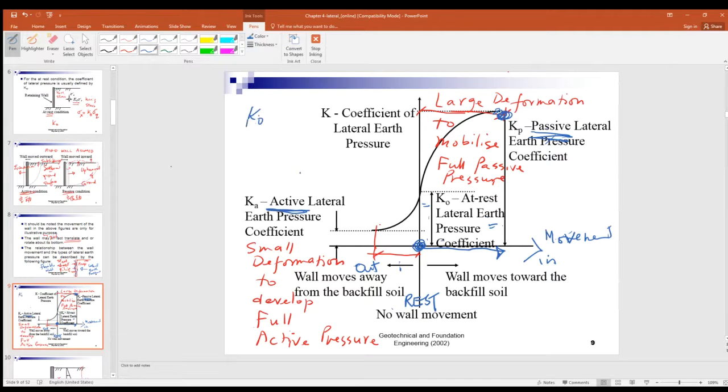You have K naught, the earth pressure coefficient at rest. And then if it's active, you have Ka, and you have Kp for passive. You have three cases. From this graph, you can see you need a very large deformation. In other words, the wall has to move in for quite a distance before it can develop Kp, the passive pressure.